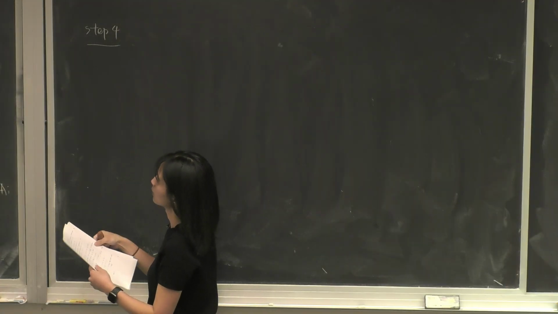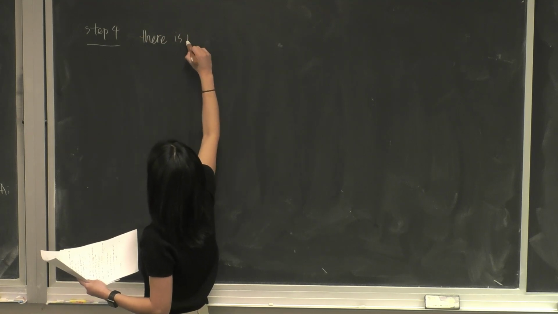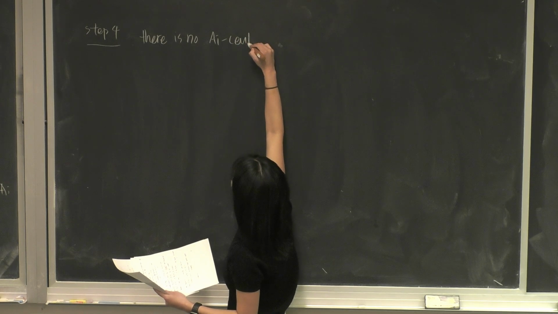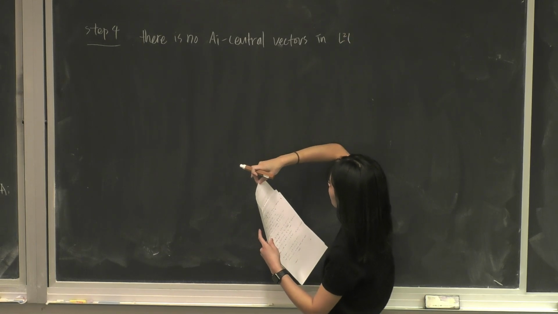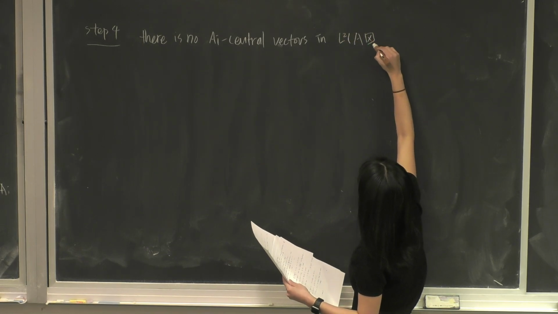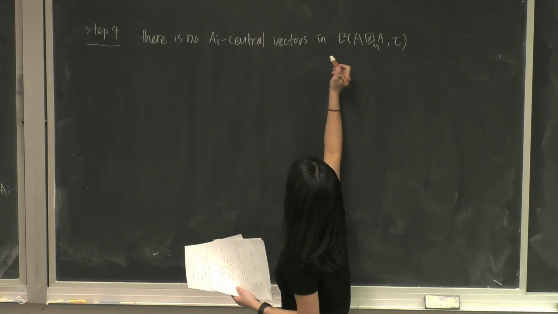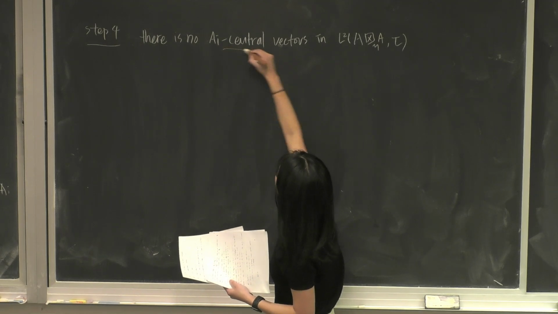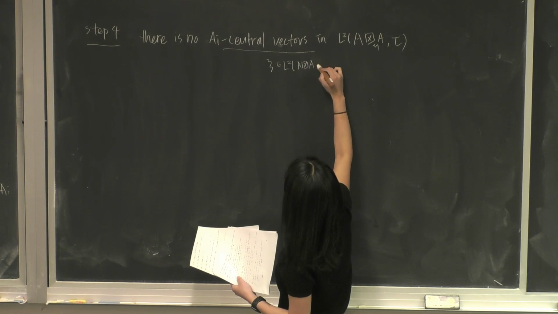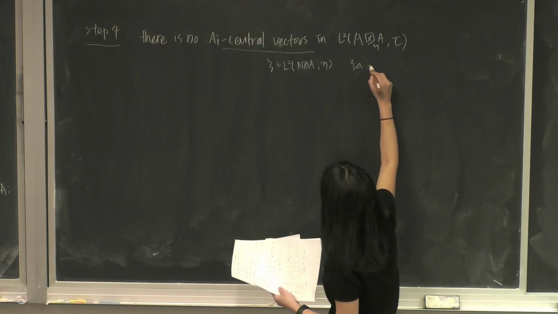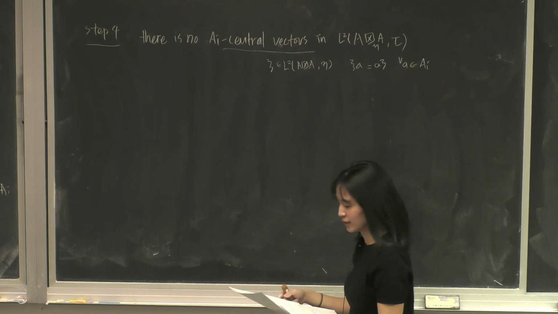And step 4 is to show there is no AI central vectors in L2 of A tensor A. AI central vectors in here means if this is this, then it should commute with all AI's.